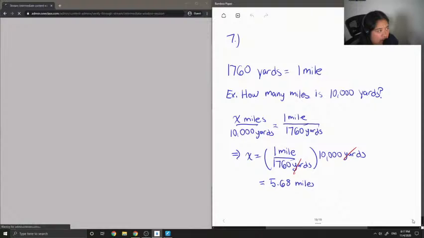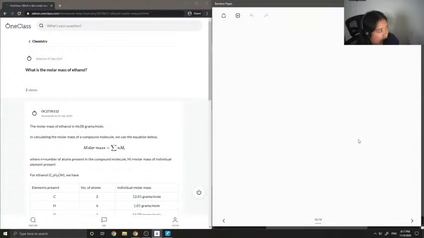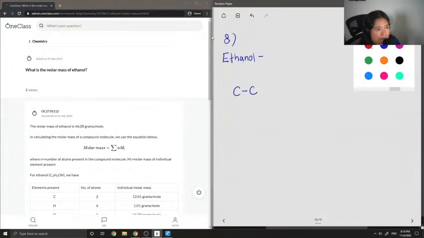Now let's check out question number 8. What is the molar mass of ethanol? First, I'm going to write down the chemical formula for ethanol. First, we can actually write out its structure. So since we have eth, that is our parent carbon chain.